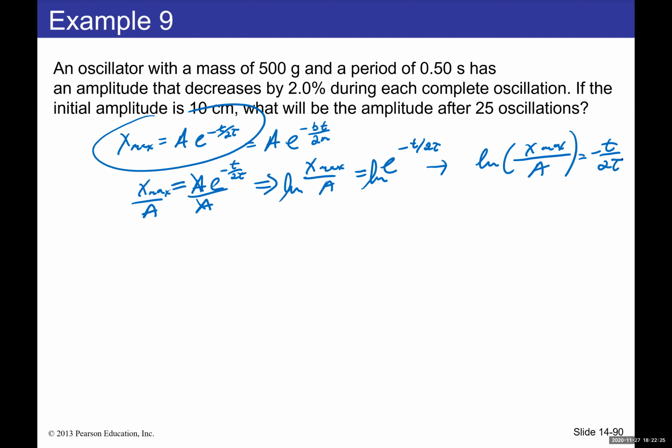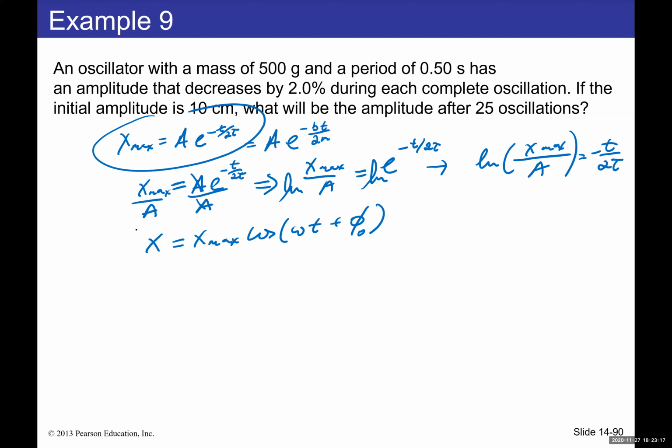Then I have the equation, remember, x equals x max cosine omega t plus phi, or phi naught. And what we're told here is, we're given the mass and the time, which is 0.5 seconds.